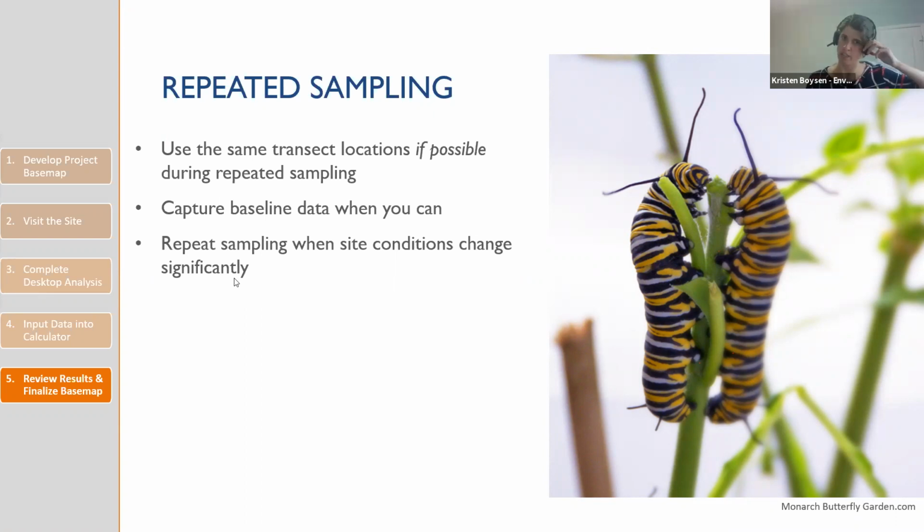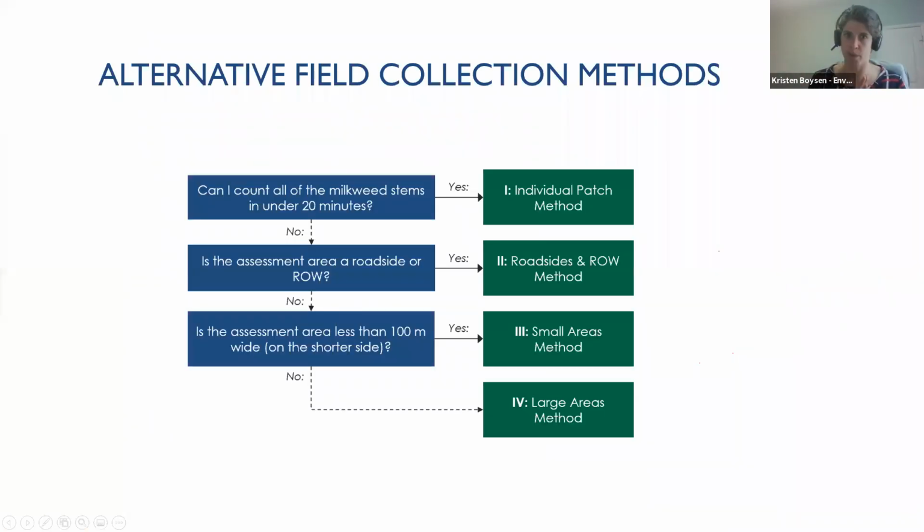So yes, good segue also. I do want to talk about the other sampling methods. You'll remember I was talking about this flow chart and we really focused in on this small areas method, but there are 3 other options. There's an individual patch method, which Eric said could be an option for your single bed.